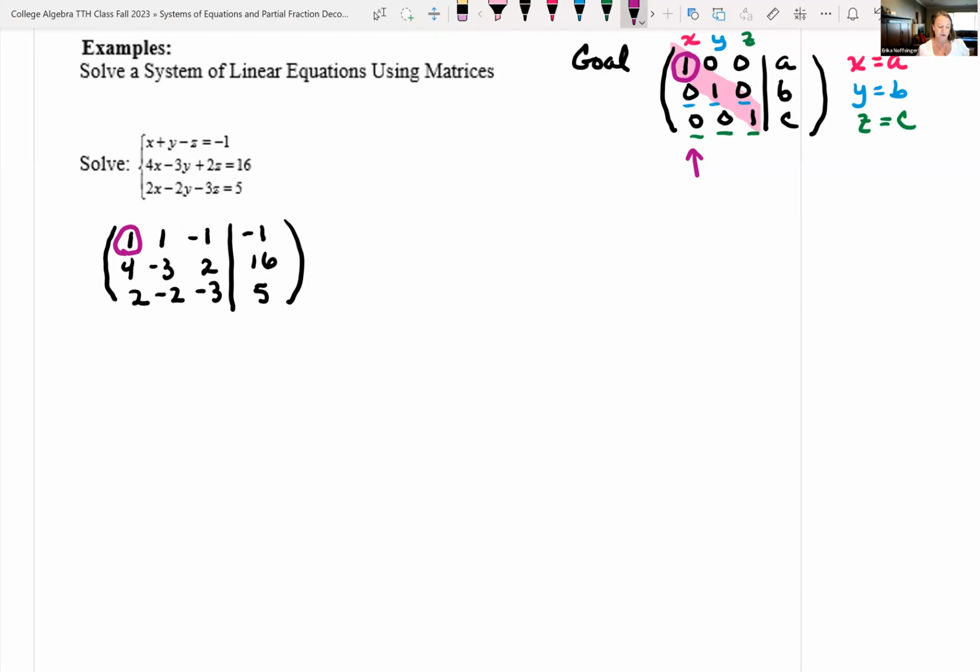I could either multiply that row by the reciprocal of that number that's not a 1, to manipulate it to be a 1. Sometimes that's kind of messy because you sometimes have to deal with fractions. And if we don't have to deal with fractions or decimals, I try to avoid it.